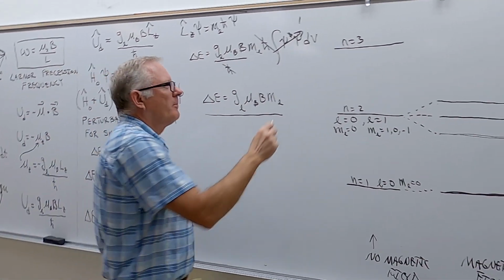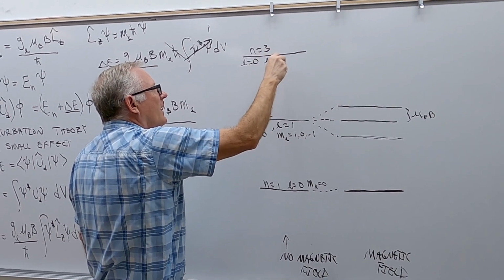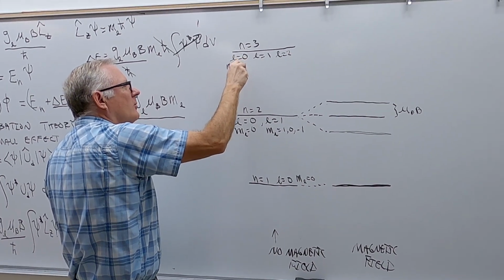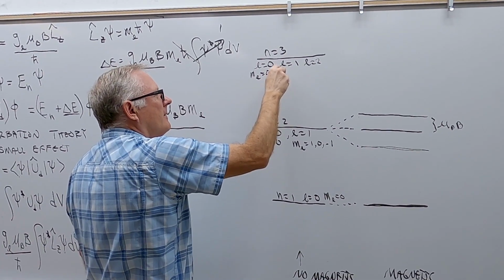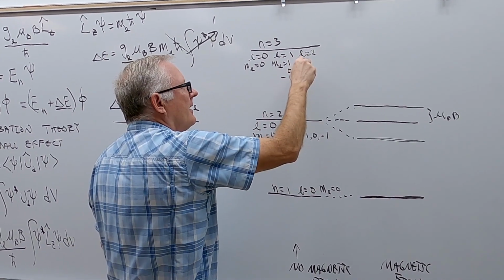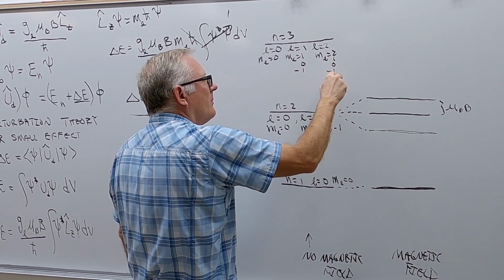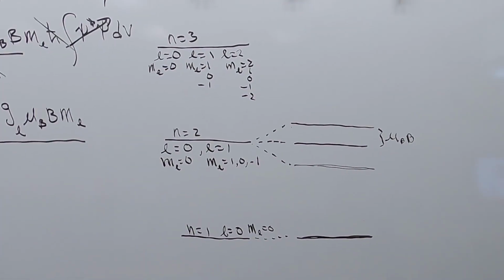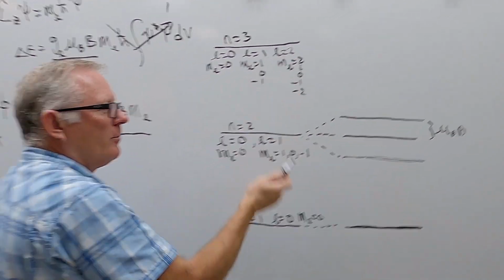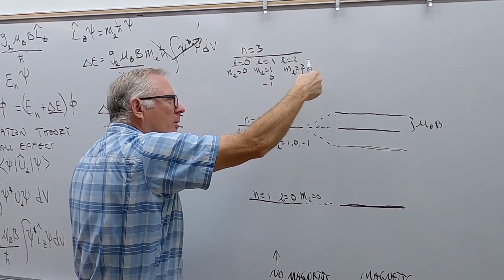Now, this one up here, L can either be 0, or L can equal 1, or L can equal 2. And over here, m sub L is only 0. Here, m sub L can be 1, 0, or minus 1. Over here, m sub L can be 2, 1, 0, minus 1, minus 2. Well, this one doesn't shift at all. This one shifts up and down by mu B B. This one shifts 2 mu B B, or 1 mu B B, or 0.